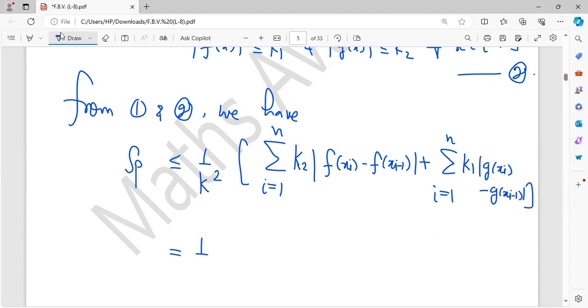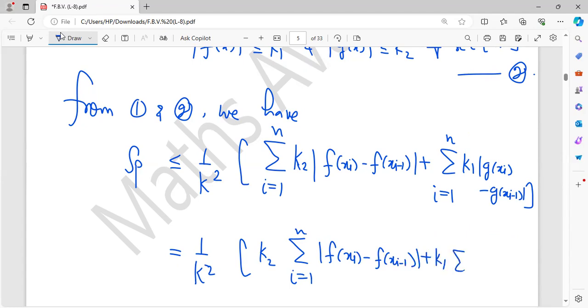So this is 1 upon k square, K2 comes out: summation of |f(x_i) minus f(x_{i-1})| plus K1 summation of |g(x_i) minus g(x_{i-1})|.